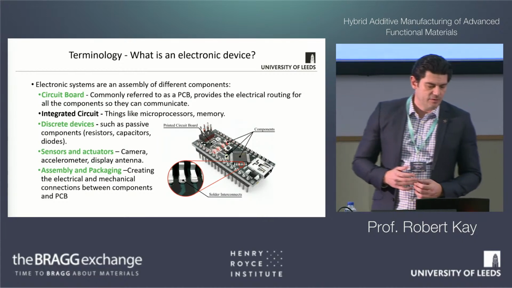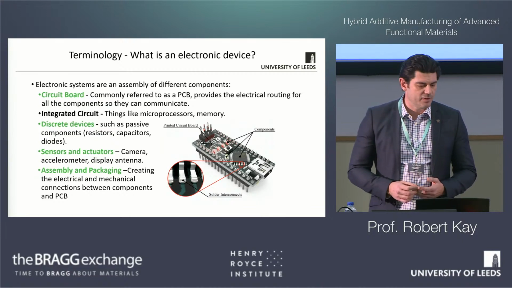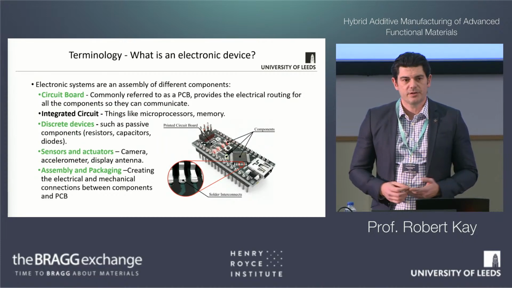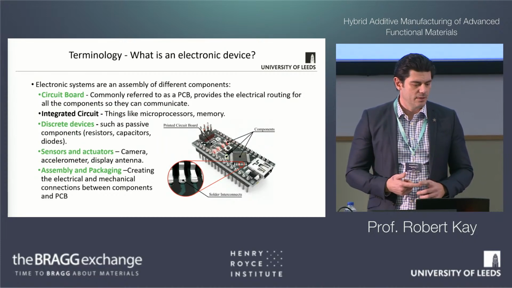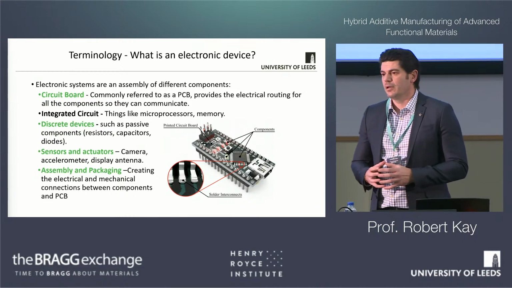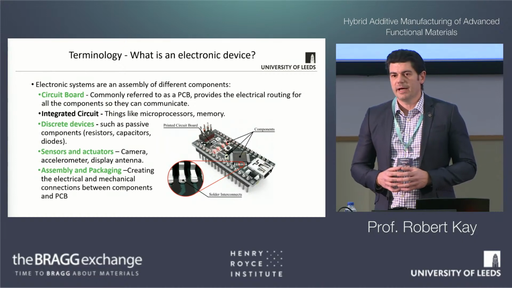Then you have discrete devices, such as passive components like resistors and capacitors. In modern devices like your smartphone, you have sensors and actuators, like the display or the camera. And finally, it's all brought together mechanically and electrically through the assembly and packaging.